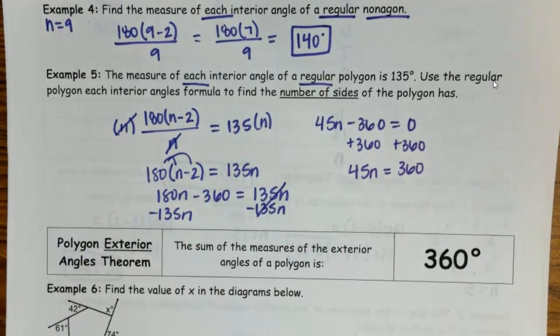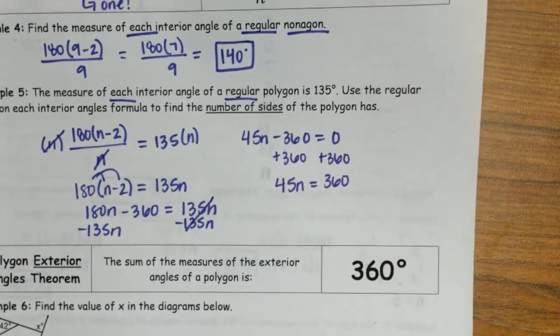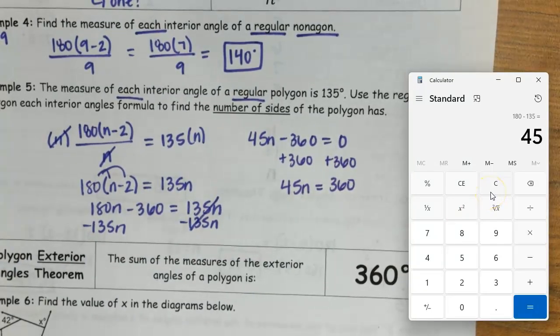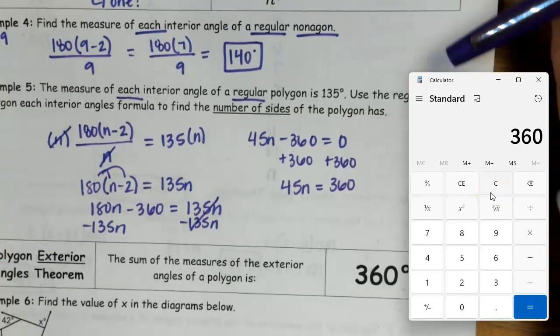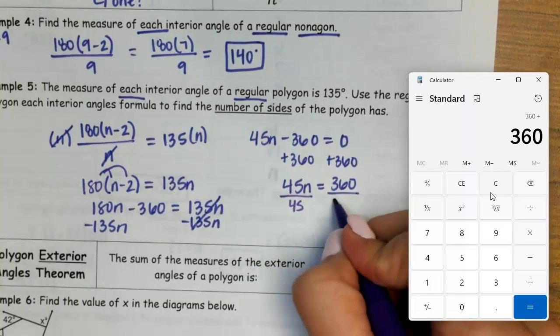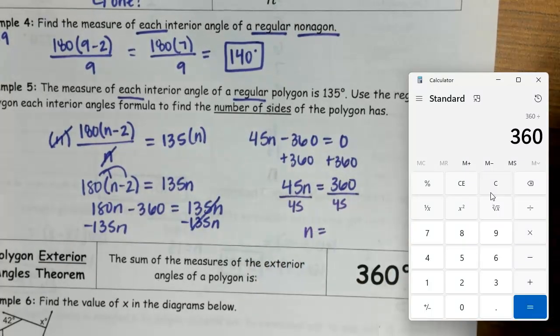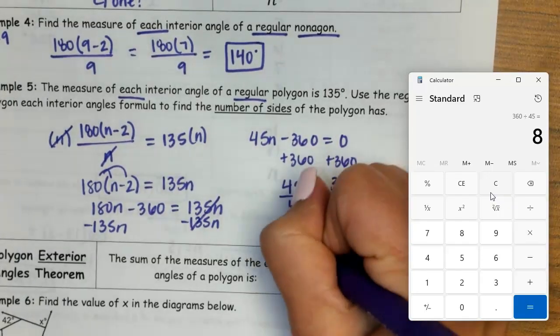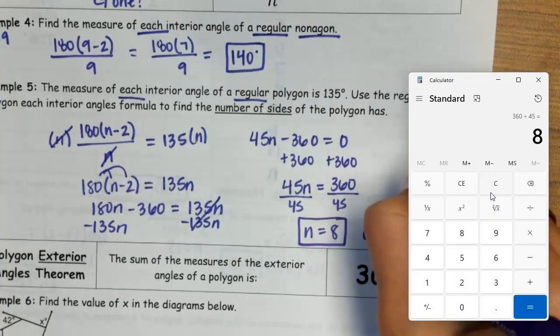So 45n is equal to 360. So 180 minus 135, 45, yep. So 360 divided by 45, right? We have to divide by 45. So that means I have 8 sides. So it's an octagon, 8 sides.